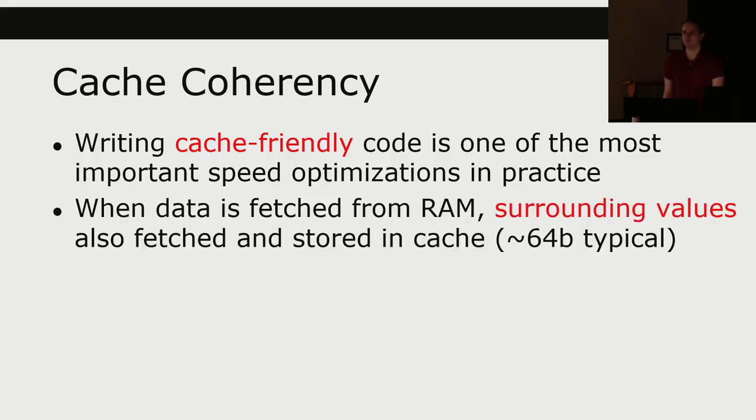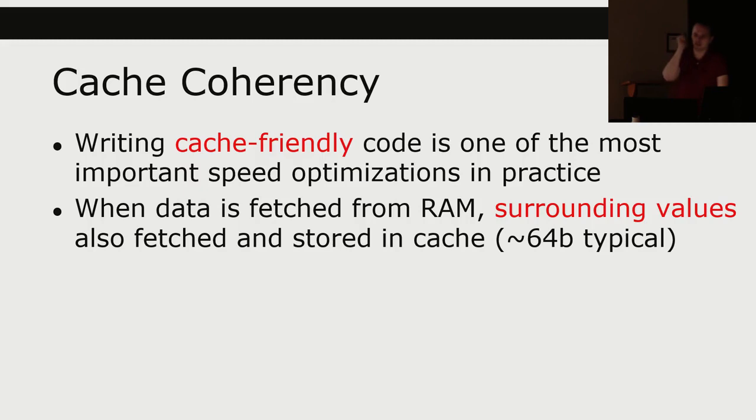So the idea of what the cache is doing is that when you fetch data from RAM, surrounding values are also fetched. So for example, now these values are not exact, but it's maybe a bit older than the current generation of hardware. So the numbers may be bigger now, but the idea is still the same.